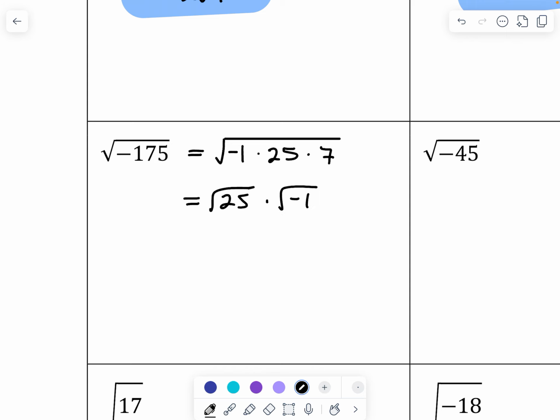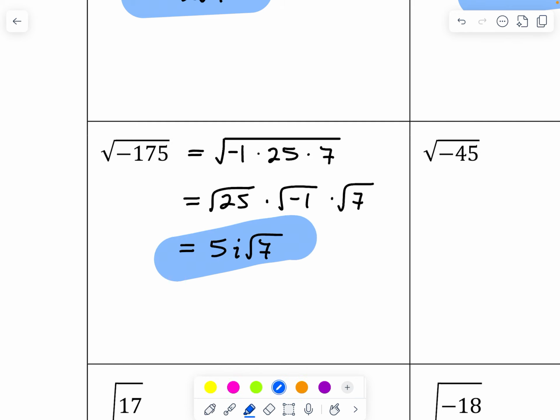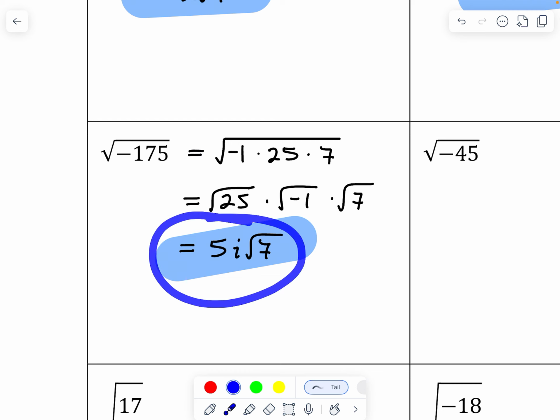You can do that. All right, the square root of 25 is 5. The square root of -1 is i. And then we cannot simplify root 7, so it stays root 7. Thus, root -175 simplifies to 5i root 7.